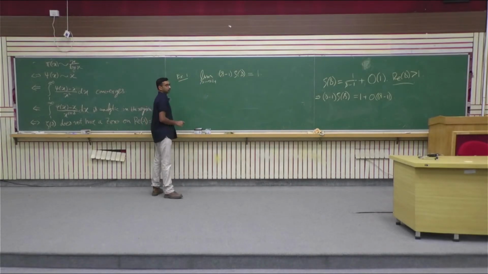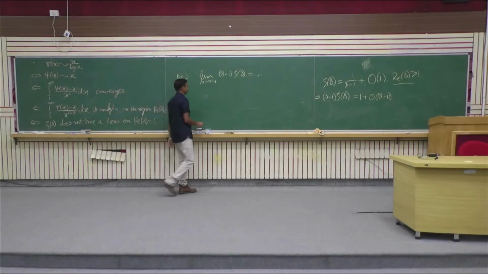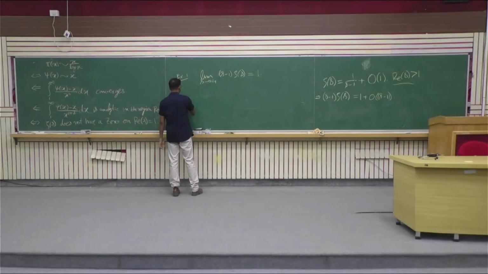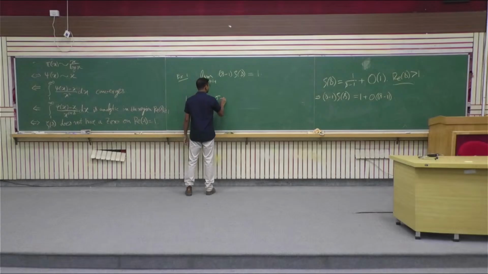All right. Now suppose zeta s has a 0 somewhere on the line real part of s equal to 1. Let s equal sigma plus it. So this is exercise 2.